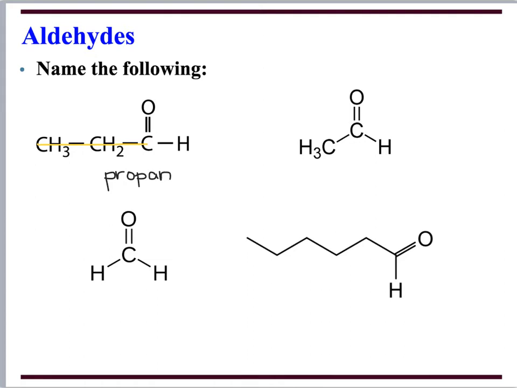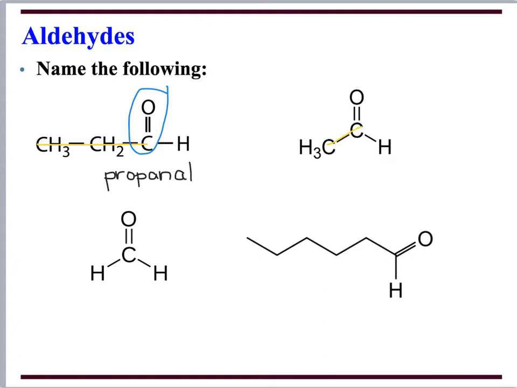And there I see that I have that C double bond O group. So when I have that C double bond O group, I know that I need to change the ending to Al. So that's propanal.